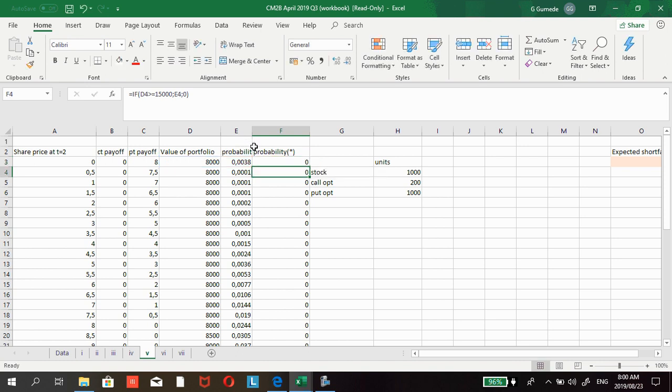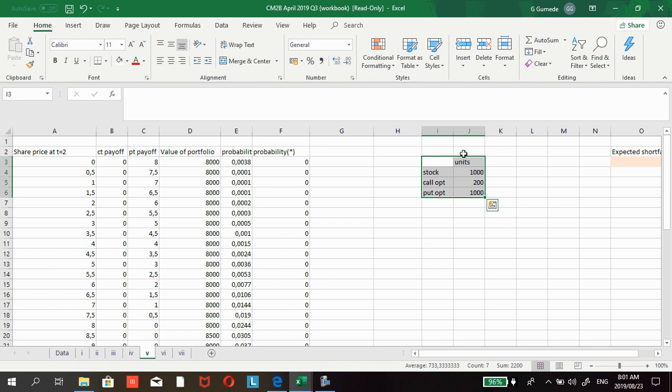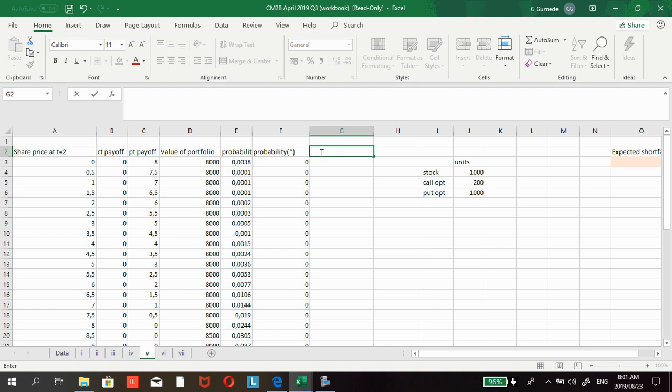Now, I'm going to move this here so that I can add another column. I hope you are learning here the techniques that I'm using here. Okay, and I'm going to calculate the shortfall here.